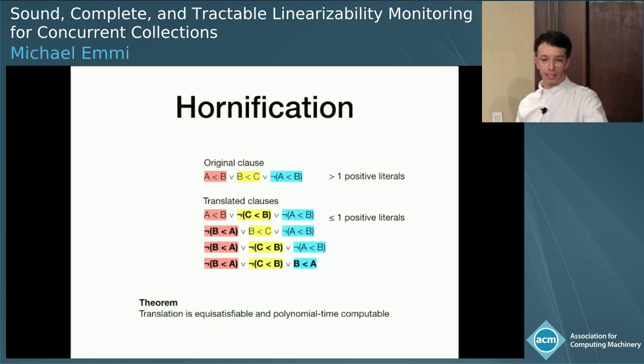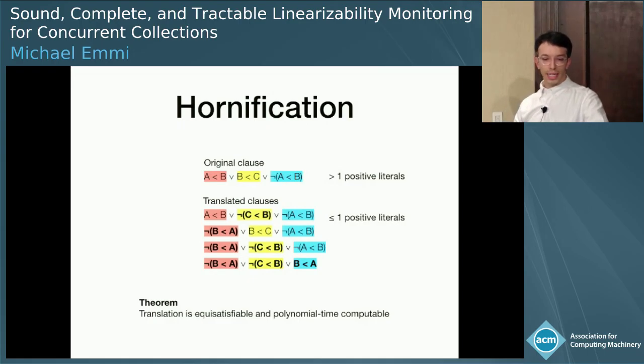So for instance, consider the literal B linearized before C. Now, the negation of this literal is also representable in positive form, because the negation of B linearized before C is C linearized before B. Thus, B linearized before C is equivalent to its representation in the first clause here, not C before B.